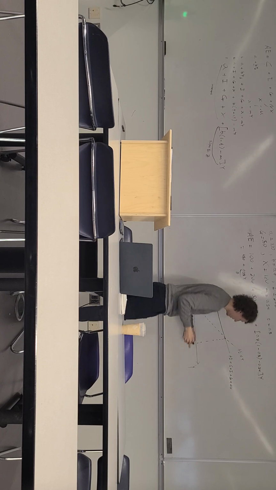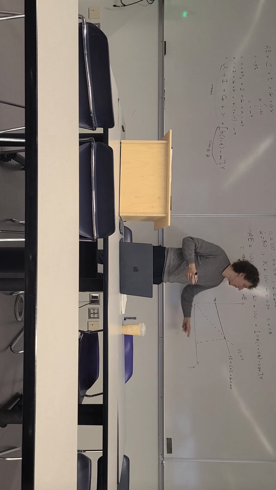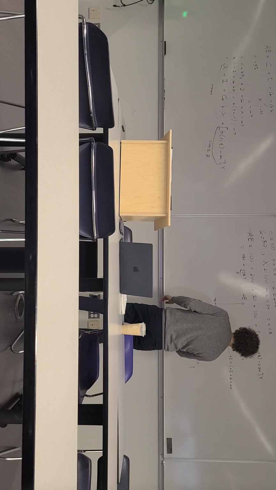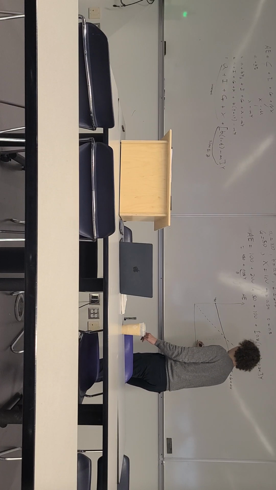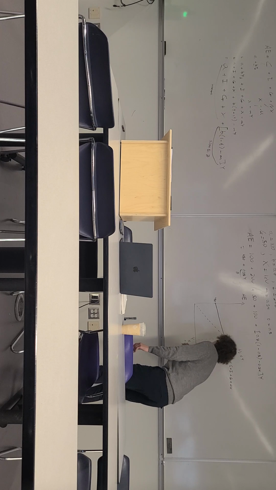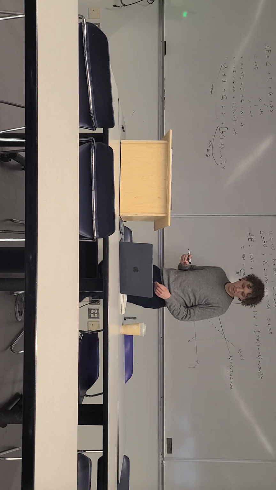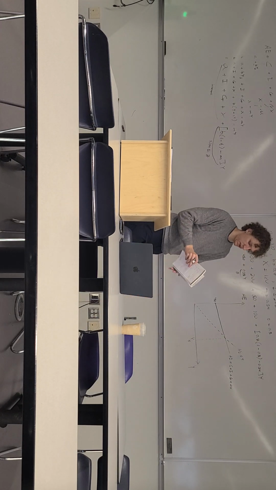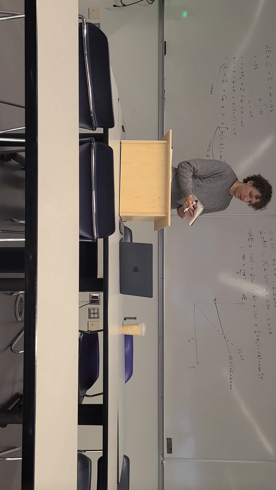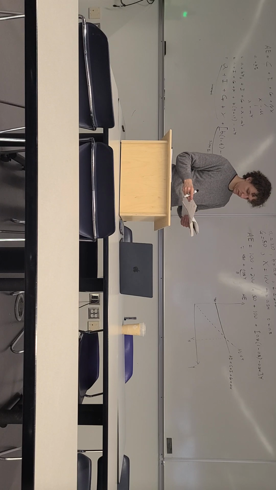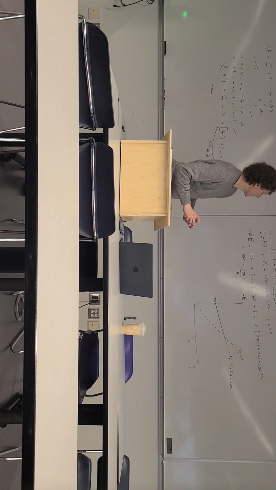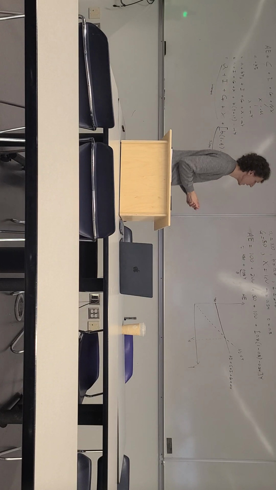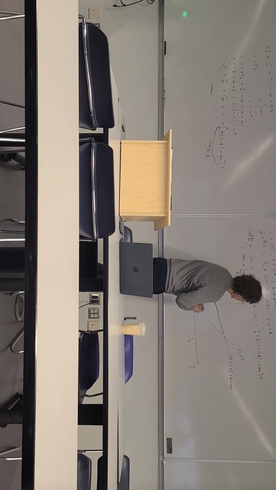And what are we going to call this point here? Y equilibrium. This is YE. Now let's try to find what YE is. First of all, why do we care about YE?